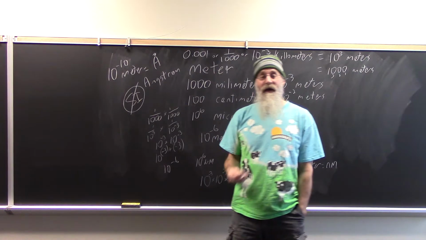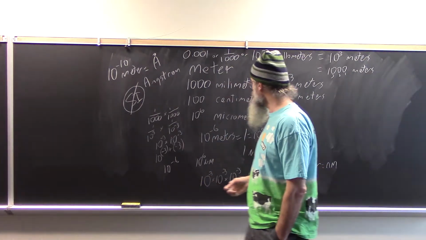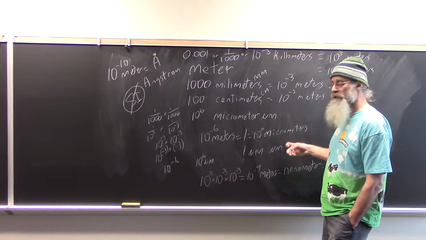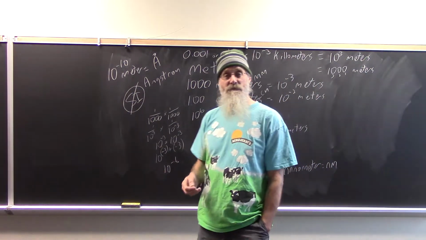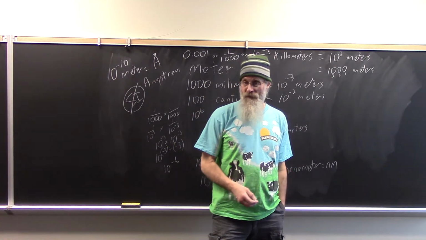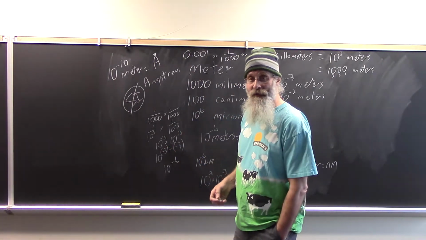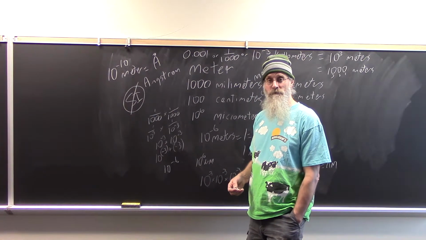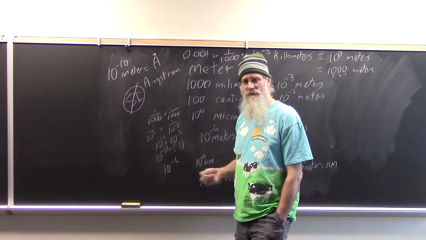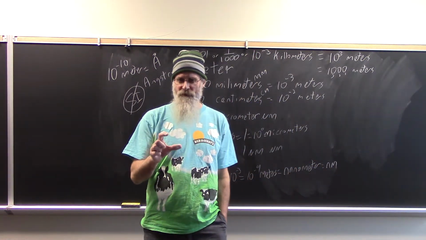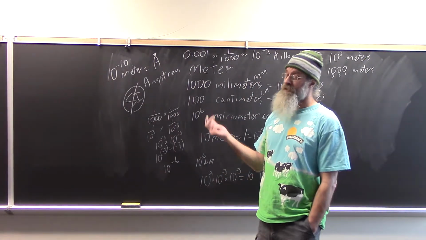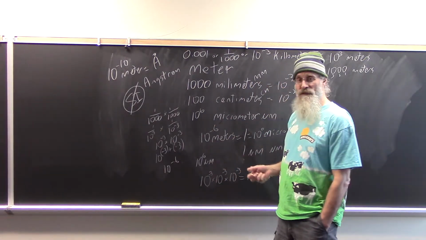But if you're looking at the scale of microorganisms, you're talking about things that are on the order of a micrometer. 10 to the minus 6 meter, 1/1,000,000th of a meter, 1/1000th of a millimeter. And typically centimeters don't come into play. I mean, if you're measuring the size of a zone of inhibition, it might be a centimeter or two or more wide. We might express it in centimeters, but you can just as easily express it in millimeters.